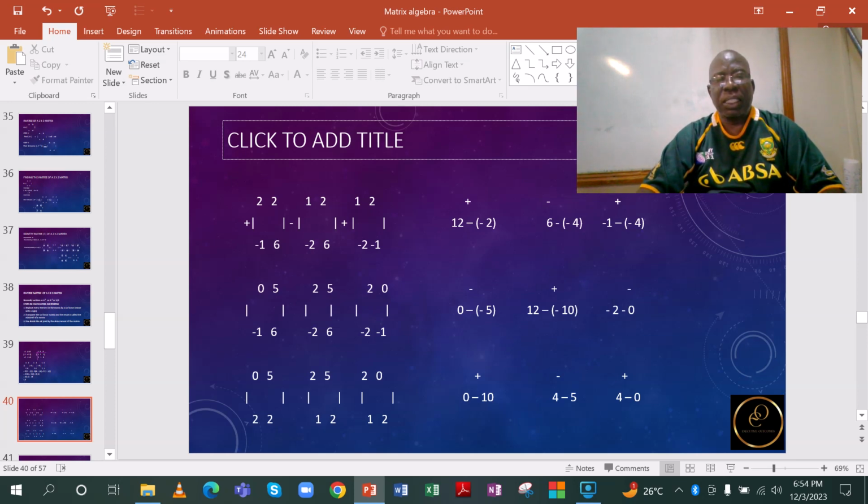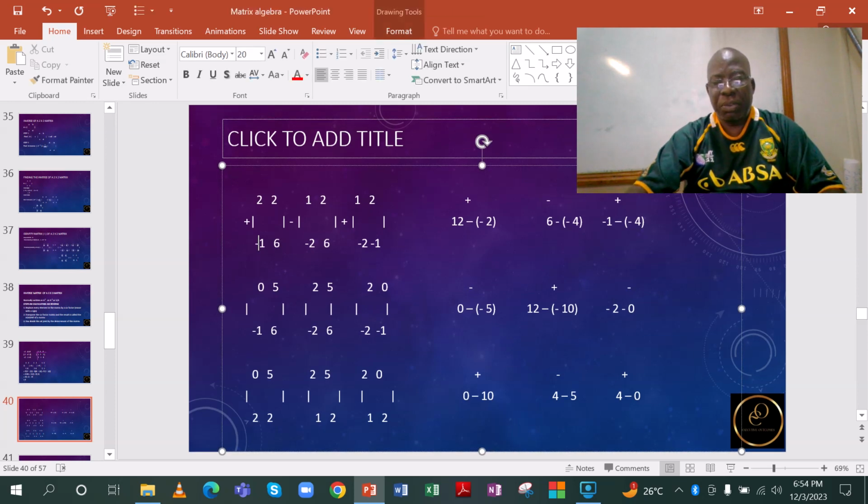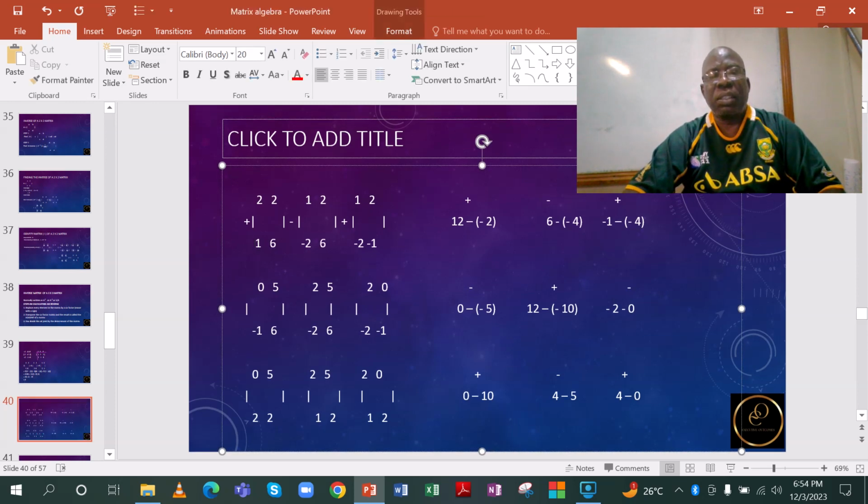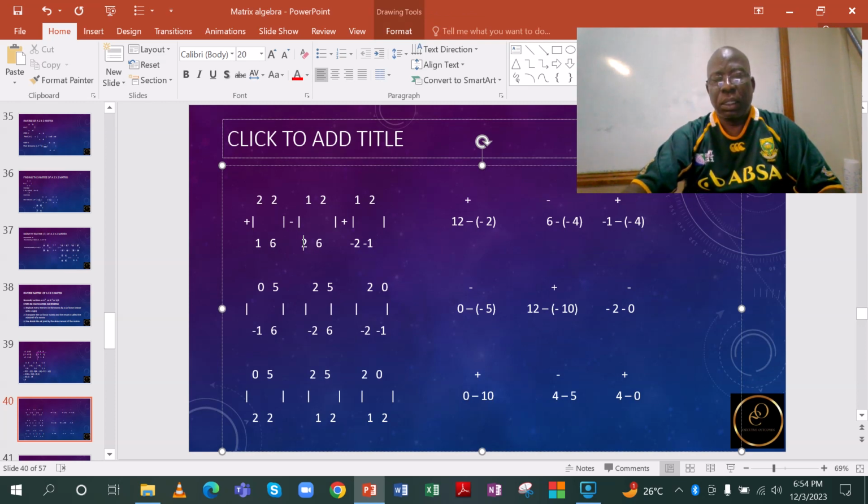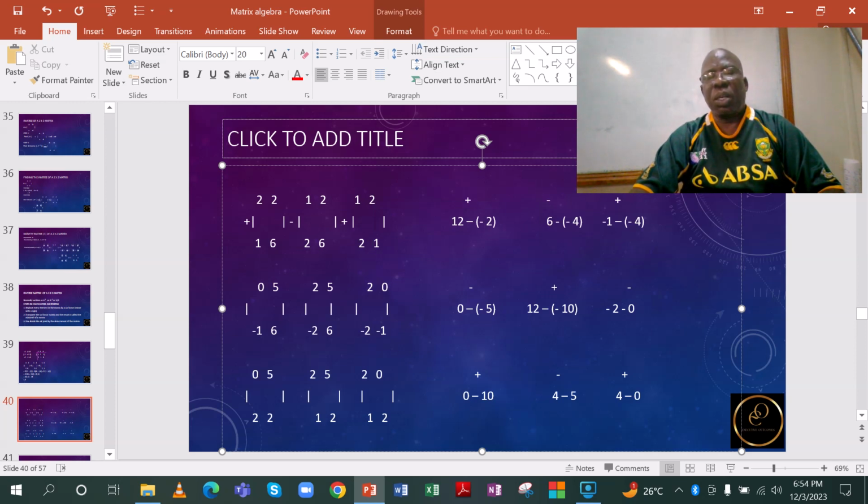The first one we represented, I just make some adjustments here. Meaning that for this one you are going to have 2 times 6, which is 12, minus 1 times 2, which is 2.